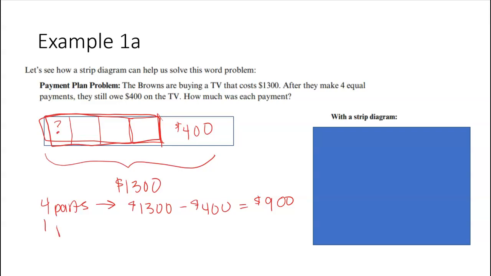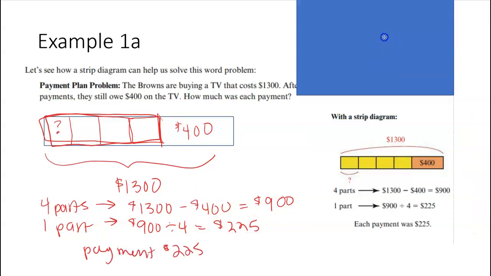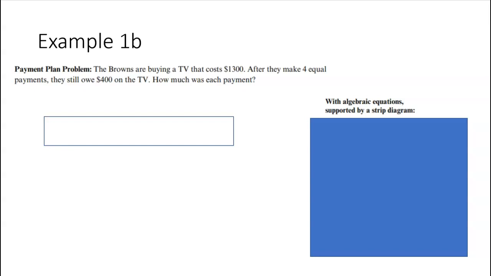Well, that means one part would be 900 divided by 4, right? Which is equal to 225. So that means each payment was $225. So again, we can look at that with the strip diagram, and we can see that here. Well, let's keep going. Let's look at this another way.